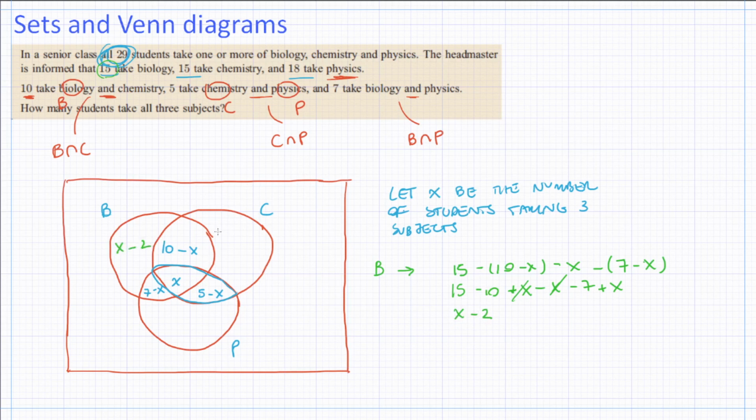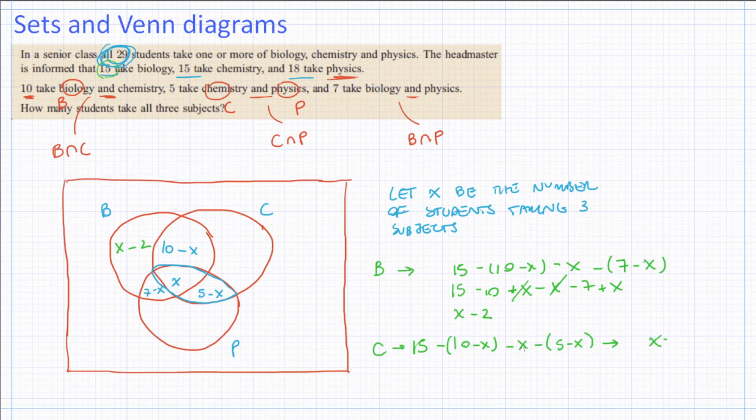Now, if we do the same thing for chemistry, 15 students take chemistry, right? So people who do only chemistry, we're going to do negative 10 minus x, similar to what we did before, minus x minus 5 minus x, right? And then if we work this out, we should find x, right?